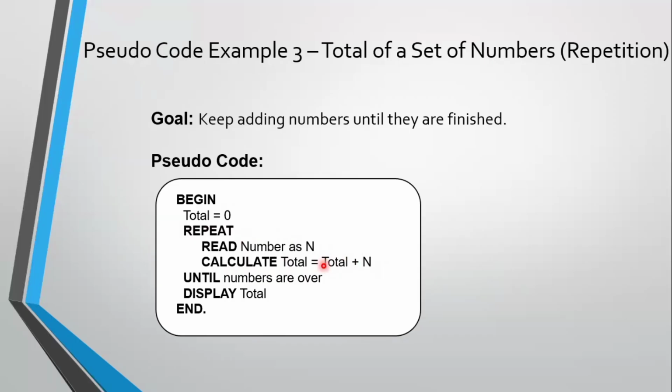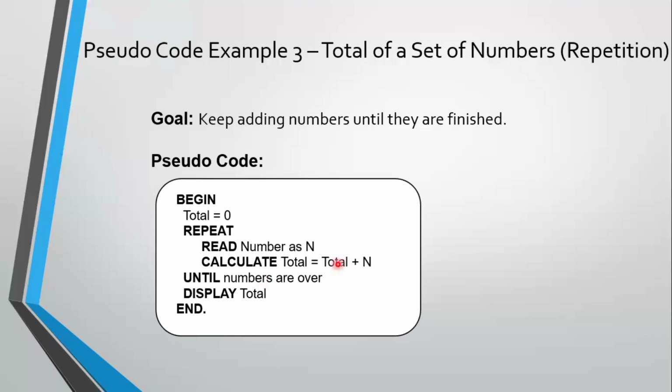It keeps doing this until there are no more numbers left. Only when the numbers are finished does it move to the next line to show the final total. Here we show the final total by using this display keyword.